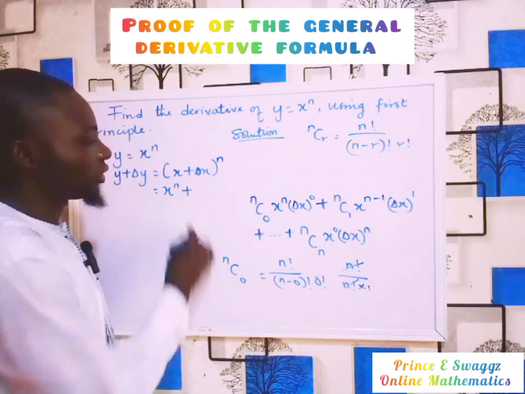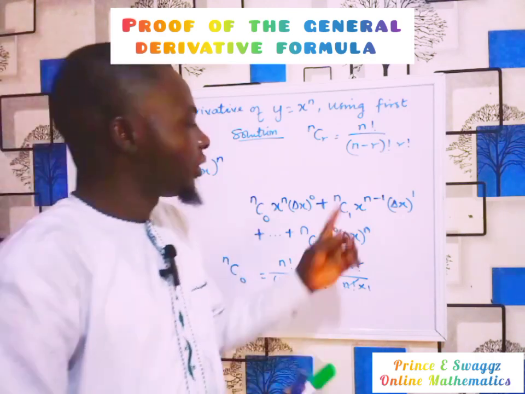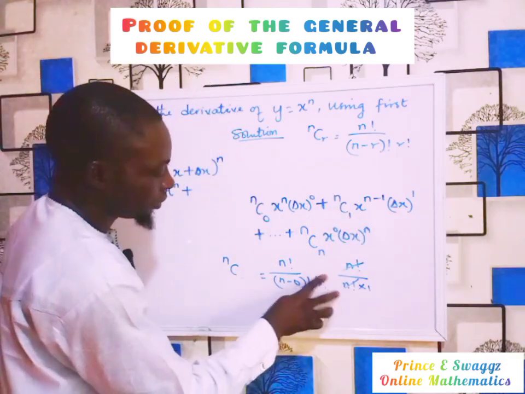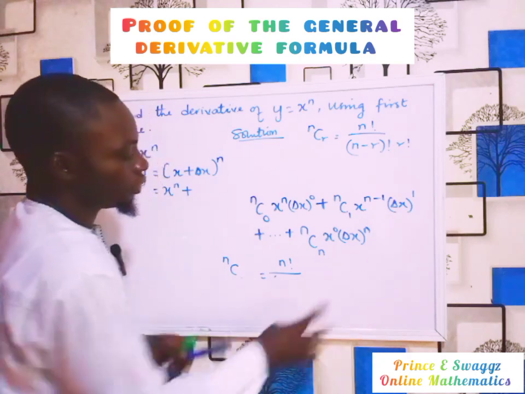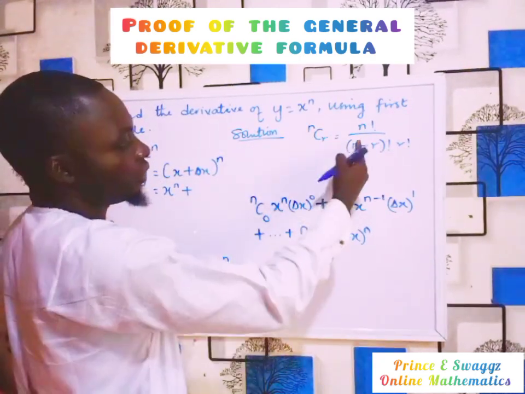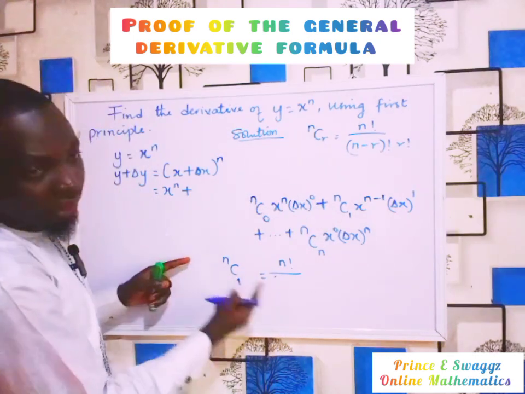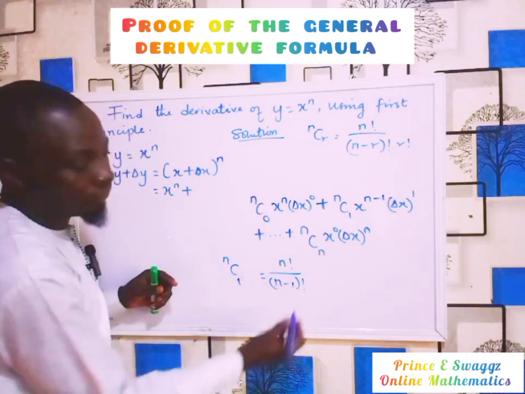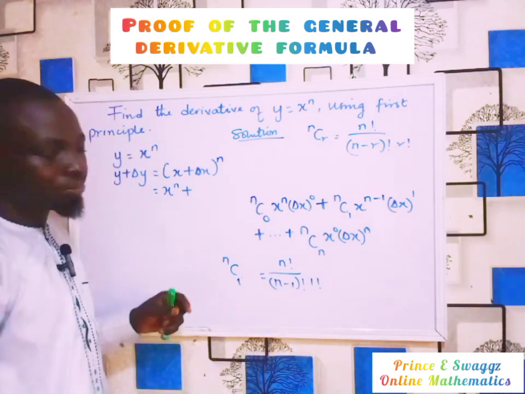I move to the second term where we have n combination 1. So n combination 1, we see from the formula again, that is n factorial over n minus r factorial, and these two will minus themselves. That is n minus 1 all factorial, then 1 factorial.